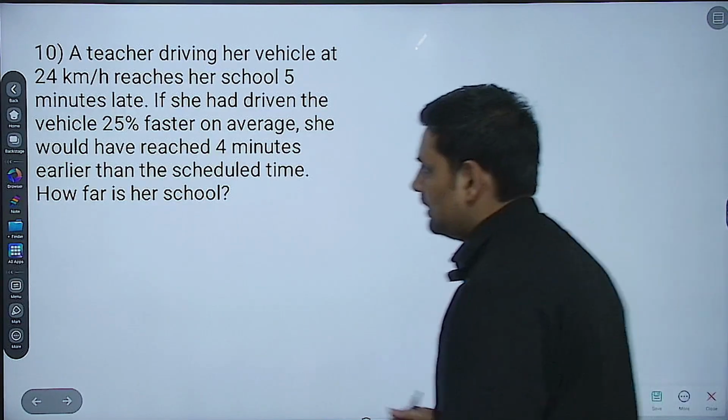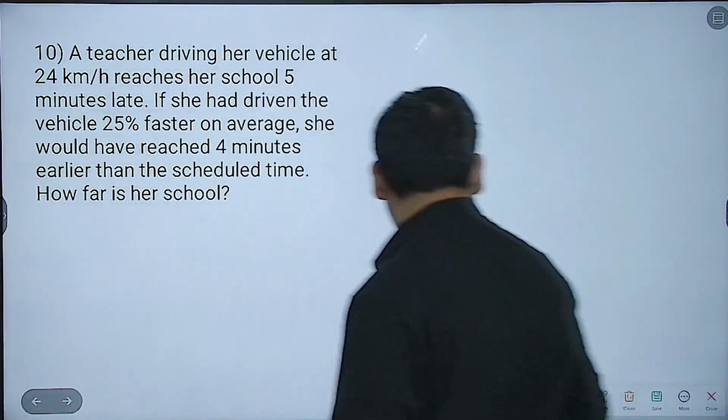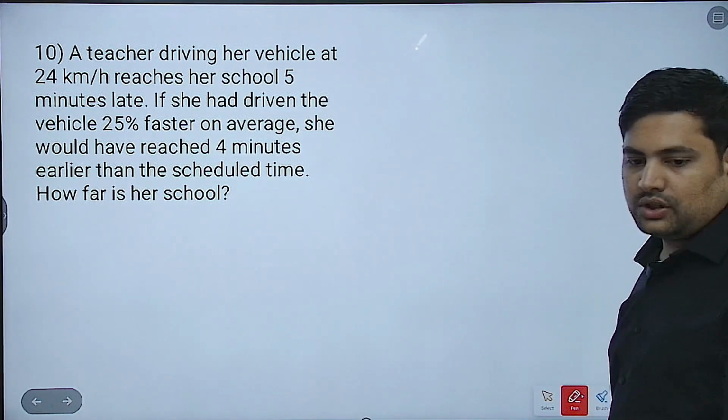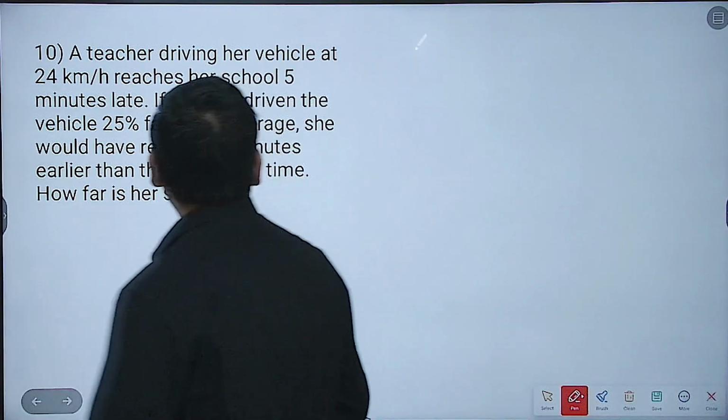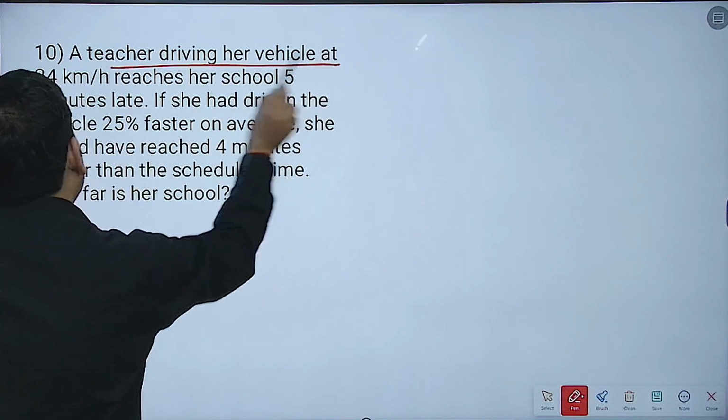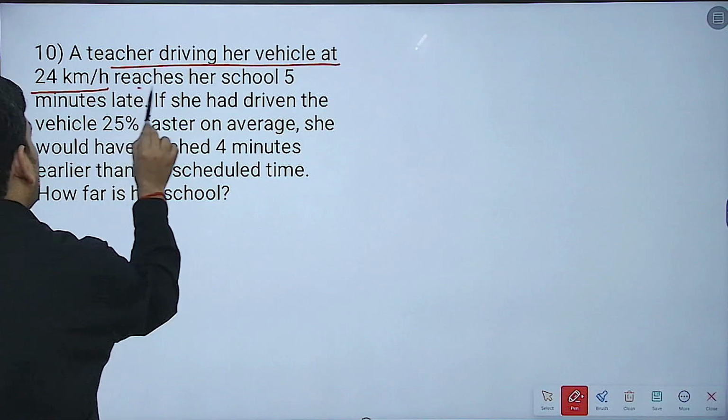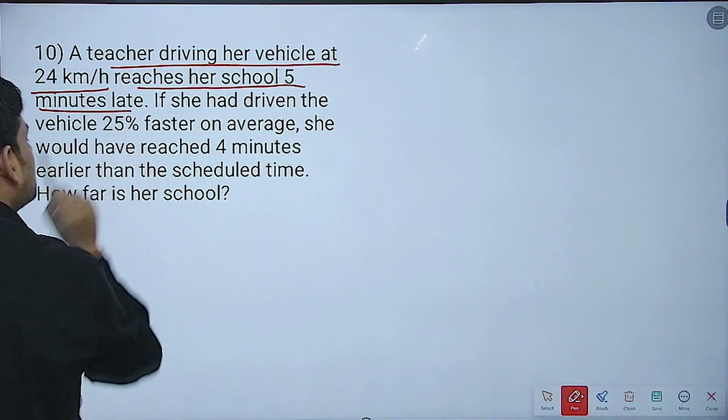So this is the question. Let's see what it says. A teacher driving her vehicle at 24 km per hour reaches her school 5 minutes late.